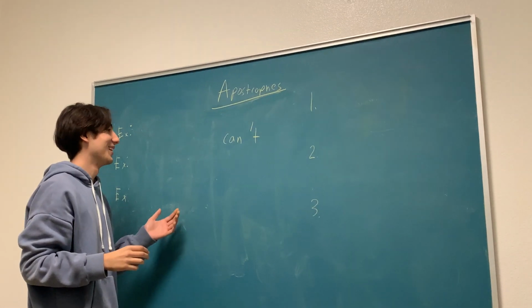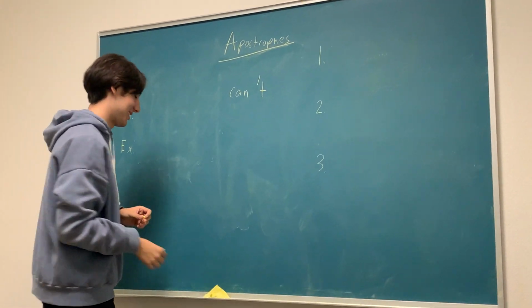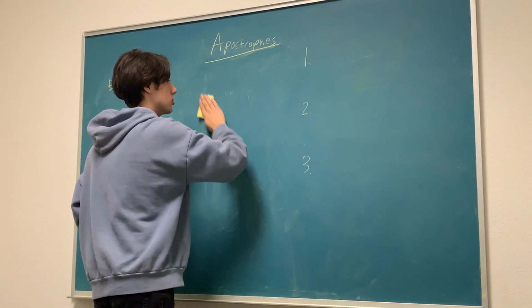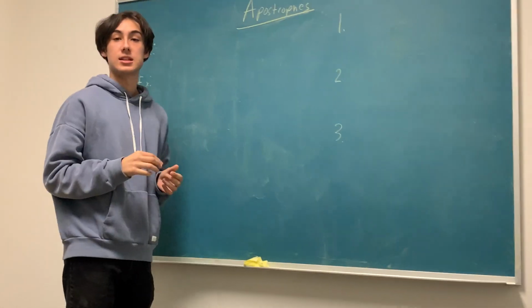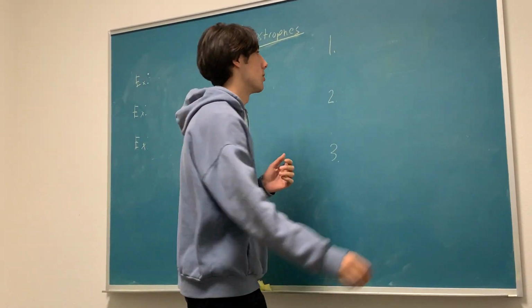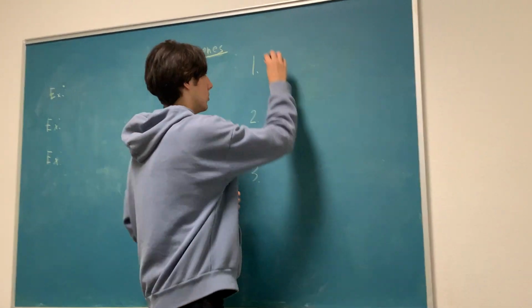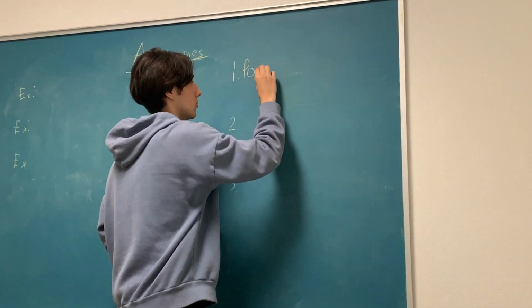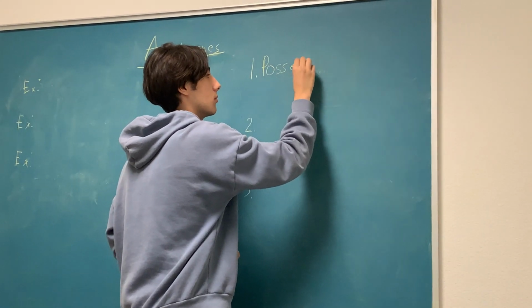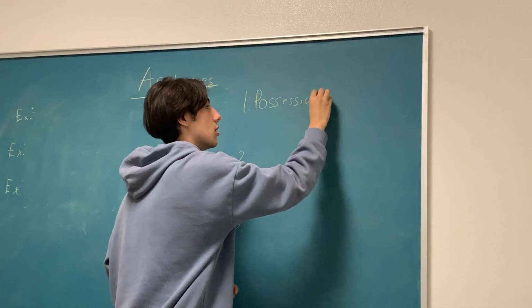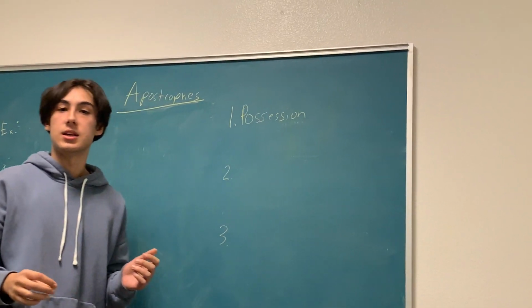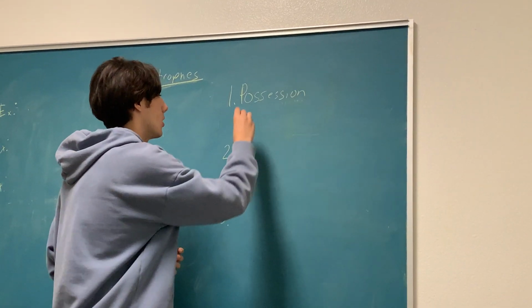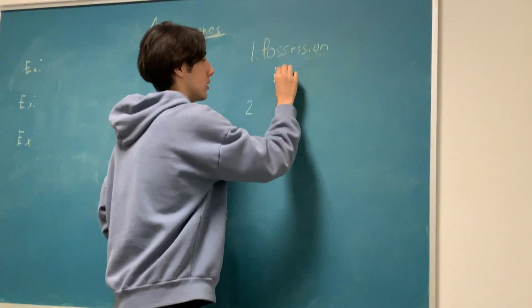For example, can't. And this is an example that I will show you later, because can't is an example of a contraction. But first, I want to talk about possession when it comes to apostrophes. And what I mean by possession is it shows ownership of certain objects or things.